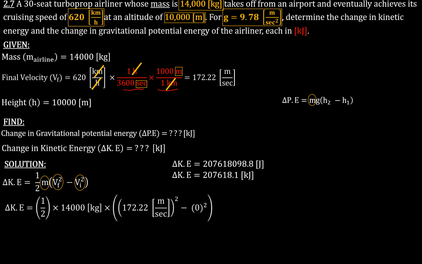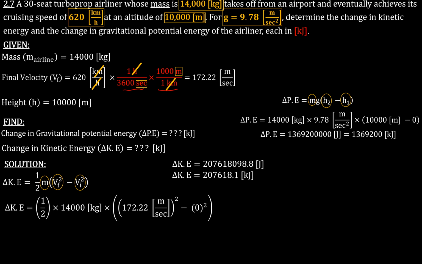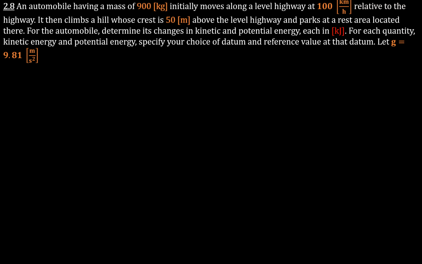So here we have the mass, we have the height, and we referenced its initial height. So we plug in the given values, plug it into your calculator, and you will get this value in kilojoules for the potential energy. All right, problem 2.8.